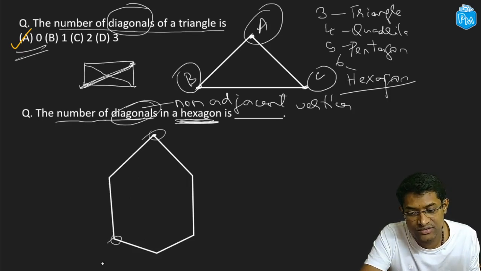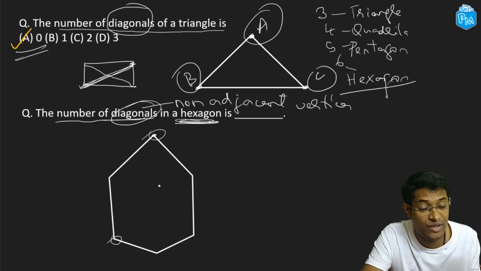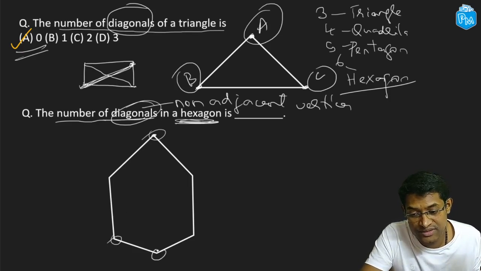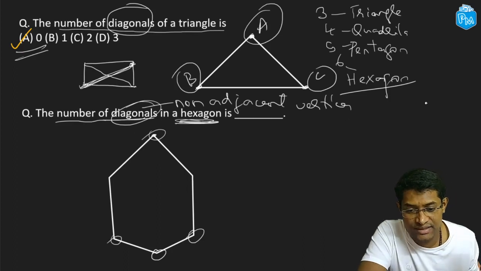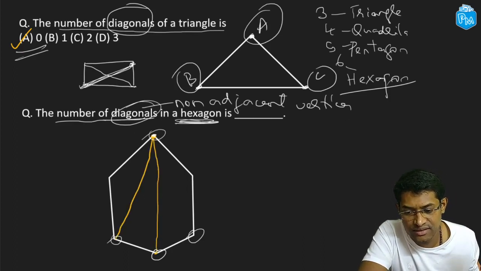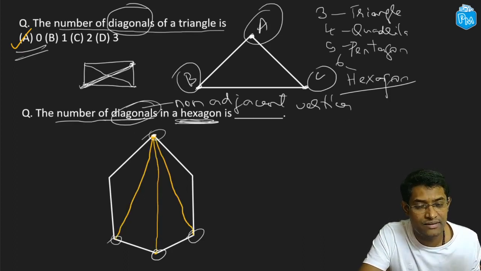Can I say this one is non-adjacent? Yes, these two are not endpoints of a side. What about this one? Yes, these two are non-adjacent. What about this vertex? Yes, these two vertices are non-adjacent. What about this vertex? No, these two are adjacent vertices. Alright, now to get diagonals, I just need to join these, right? So I have got 3 diagonals.